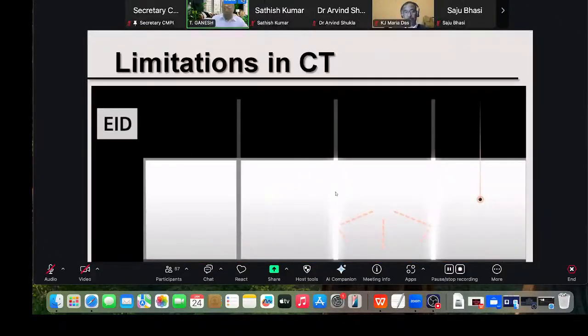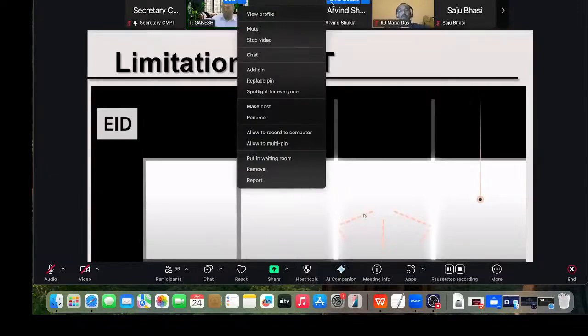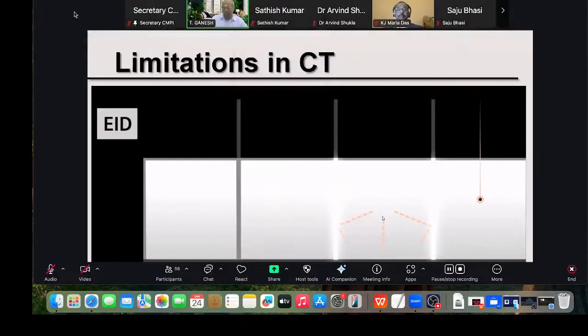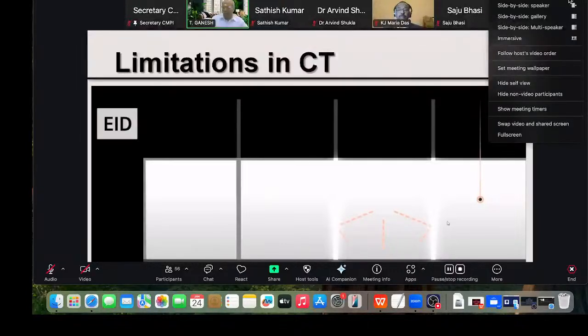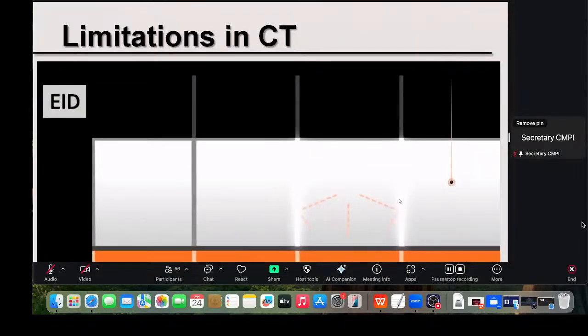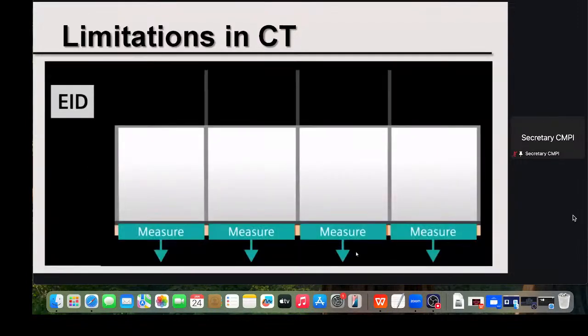The septa's function is to keep the light produced in a particular detector element within that element only, not to allow it to go to the other element. Otherwise, there will be loss in signal. That is why these septa reflect the light back to the concerned diode.